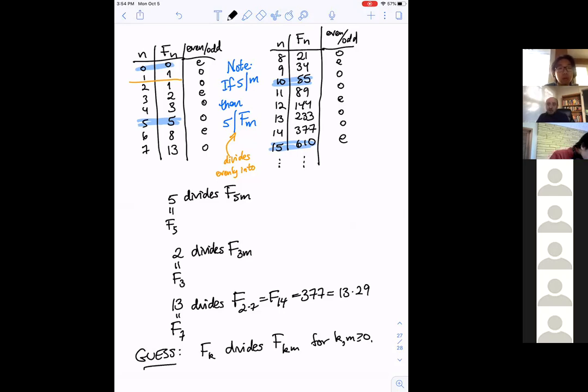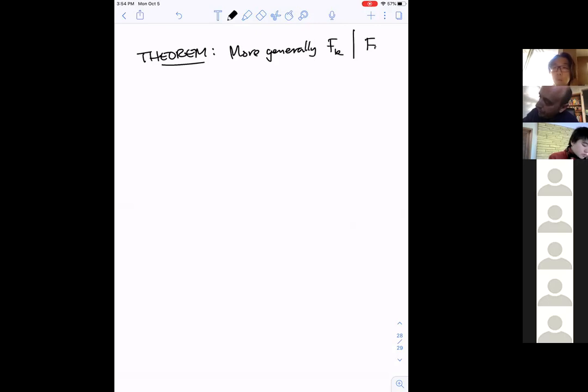So let's actually try to prove that. Theorem. More generally, Fk divides Fk times n. Again, that vertical bar is divides evenly into.